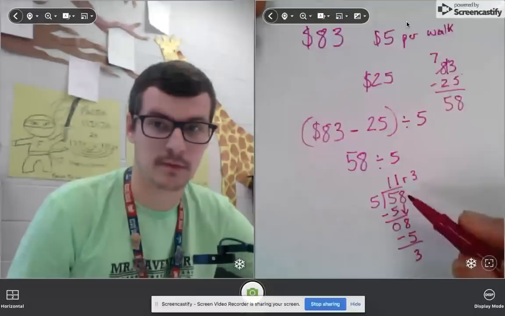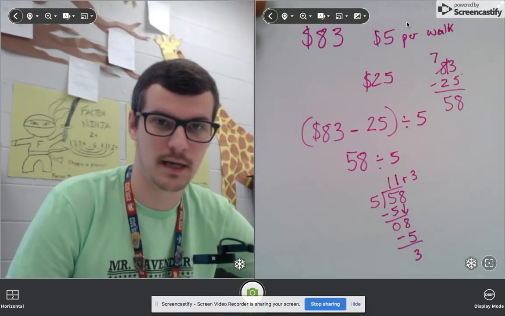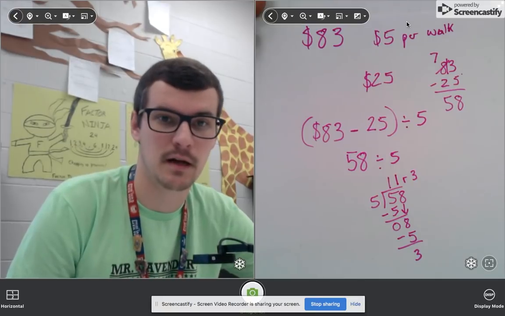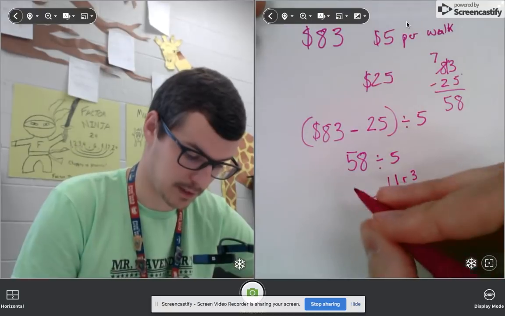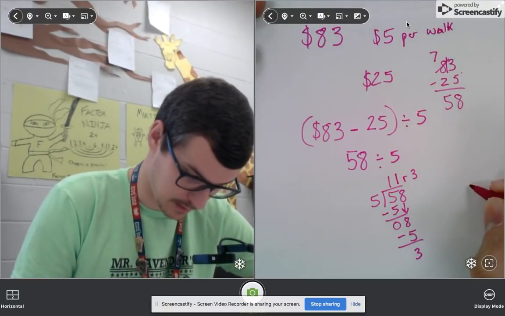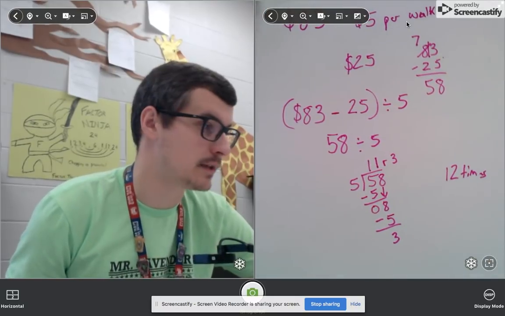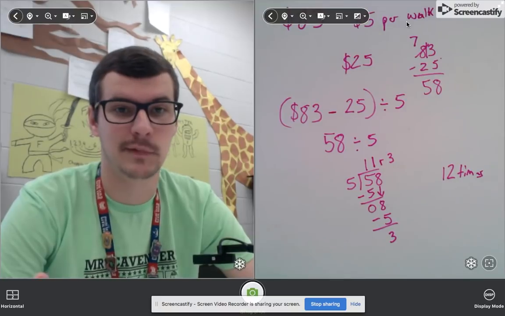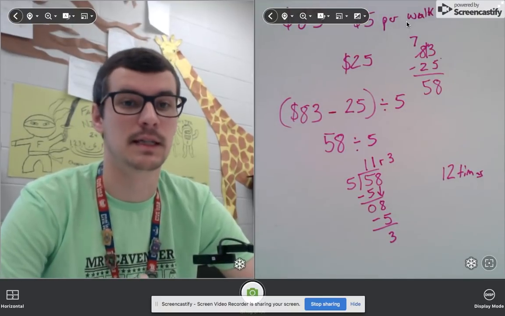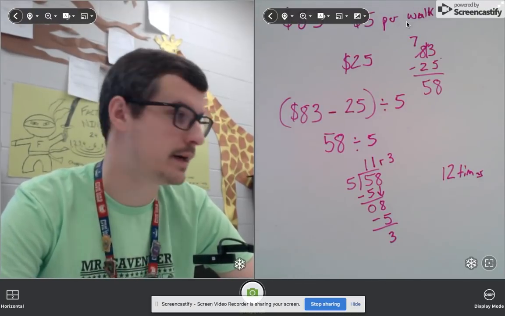So with 11 remainder 3, we have to think about that as she's going to have to walk the dog one more time. She'll have more than $58 to be able to do that. So that's actually going to be 12 times she has to walk that dog, because 11 remainder 3 we can't use as an amount of time. That just means she needs to walk a 12th time to be able to buy that bike.